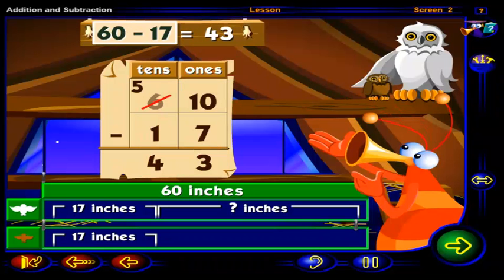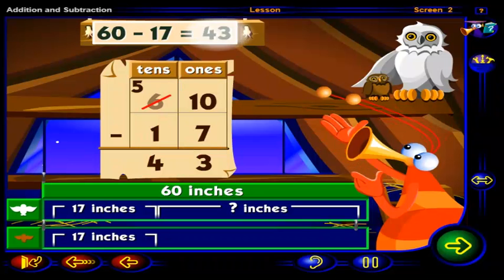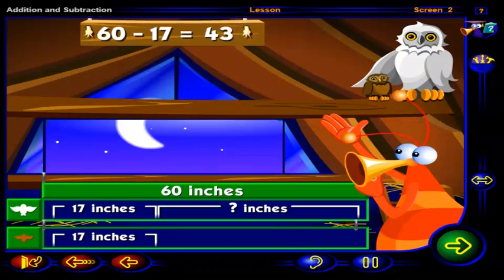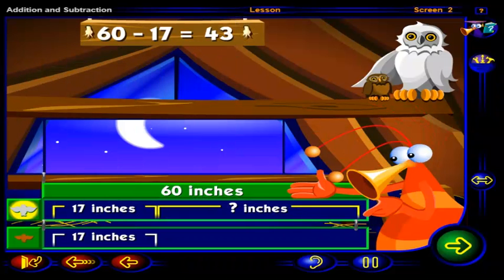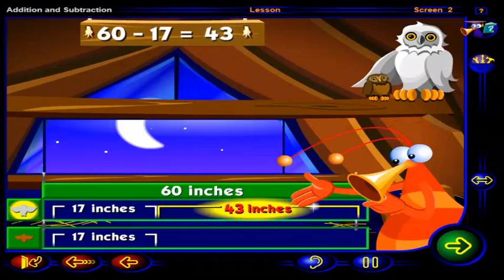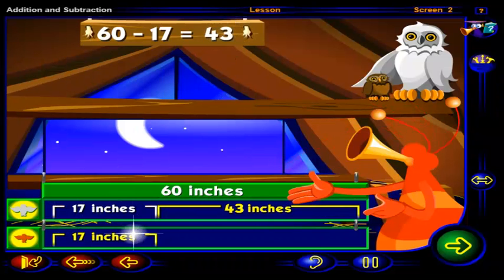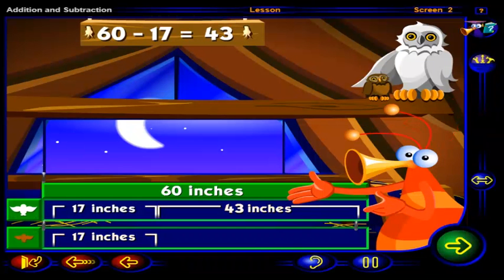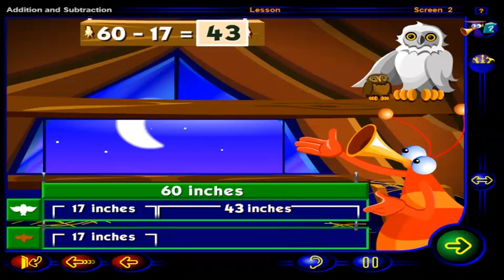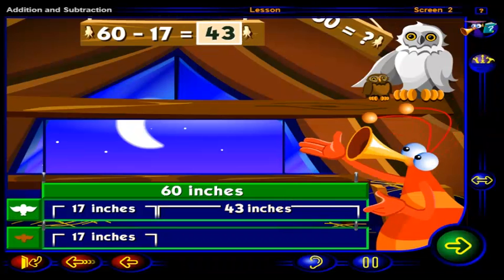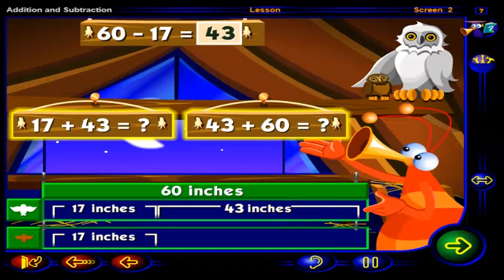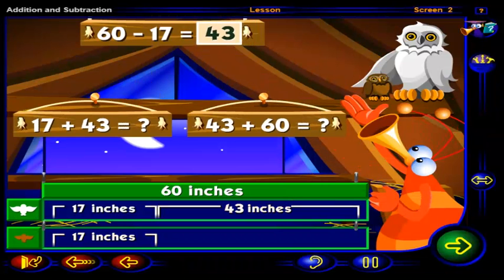60 minus 17 is 43. So the wingspan of the snowy owl is 43 inches longer than the wingspan of the pygmy owl. But let's check that this difference is correct. Which of these number sentences can you use to check this difference?